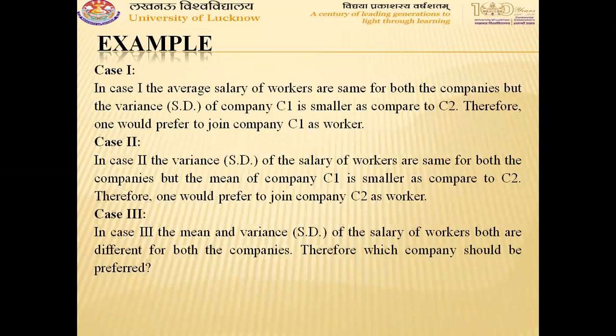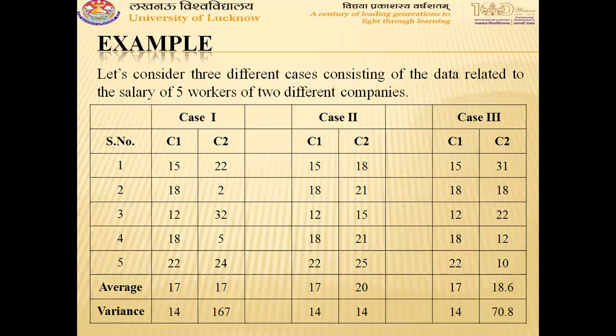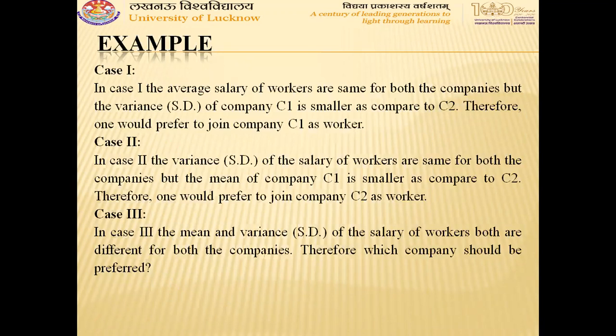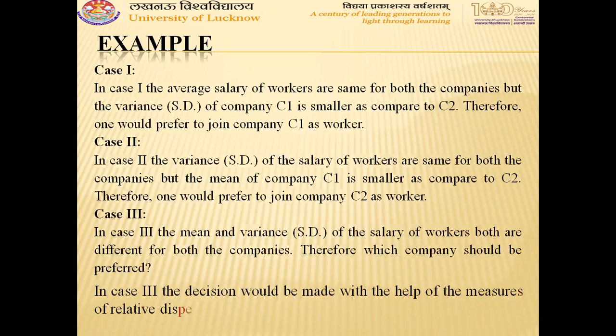So we can decide which company in case 3, that is C1 or C2, should be preferred with the help of relative measure of dispersion. That means we represent both in the same units, or we can say we change their mean. How that can be obtained will be discussed.